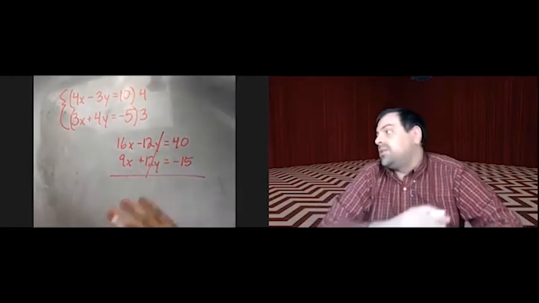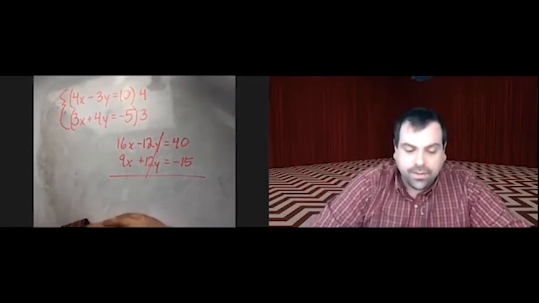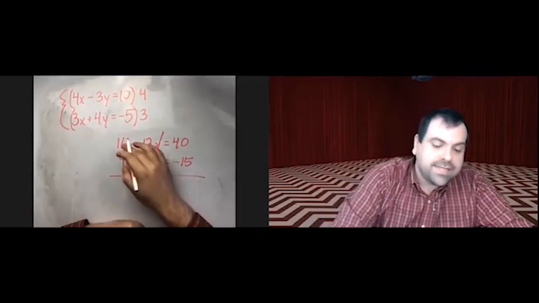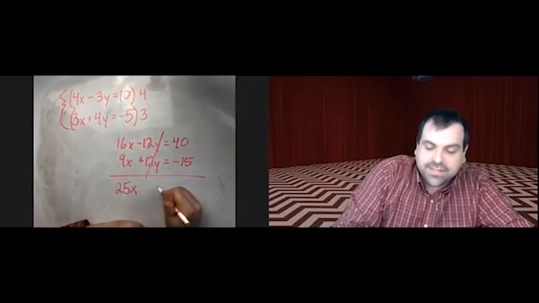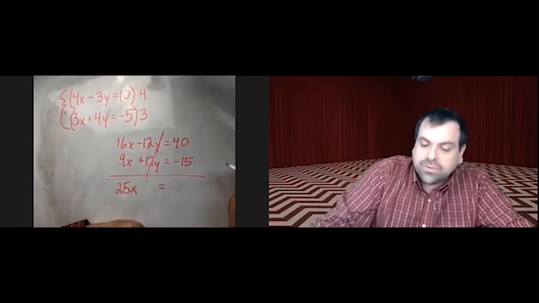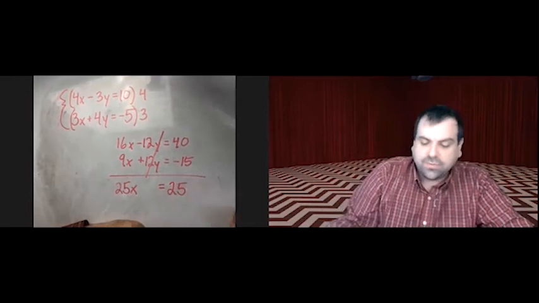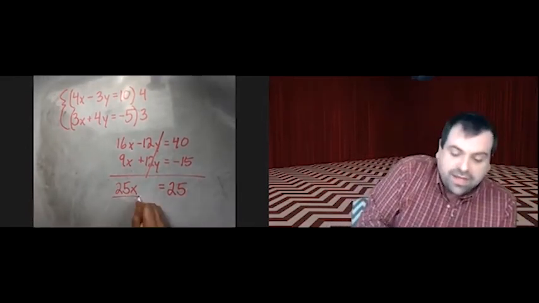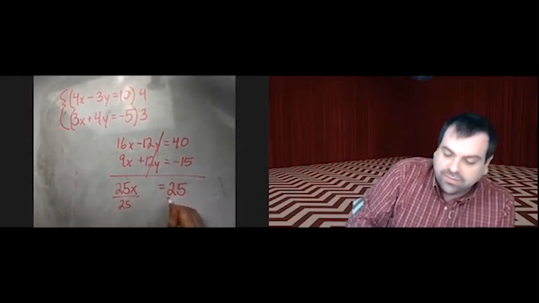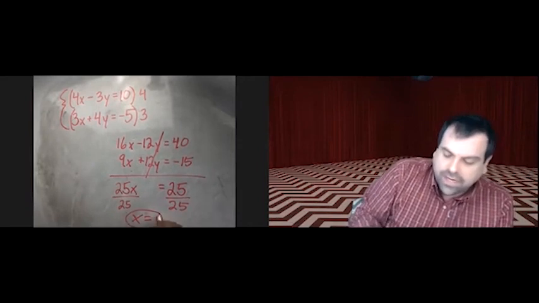Minus 12y plus 12y cancel away. 16 plus 9 is 25. So 25x equals 40 minus 15. That's positive 25. We have 25x equals 25. Divide both sides by 25. We get x equals 1.